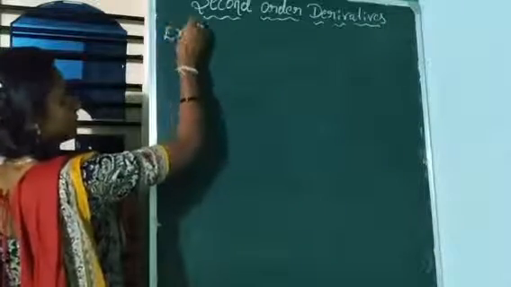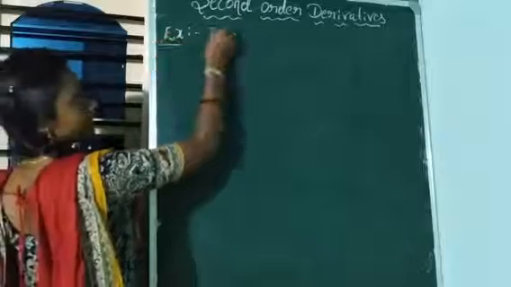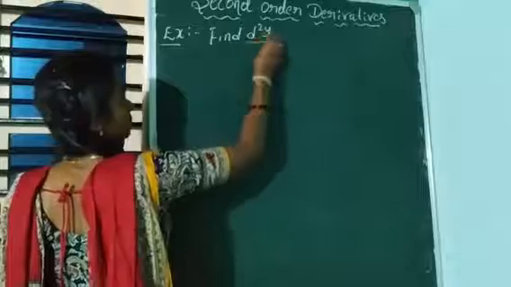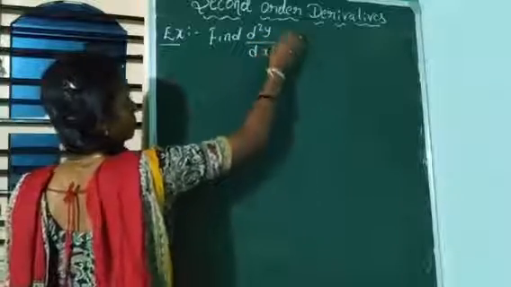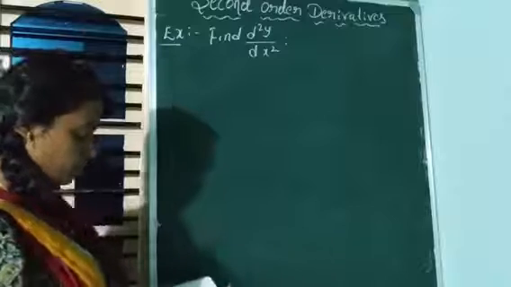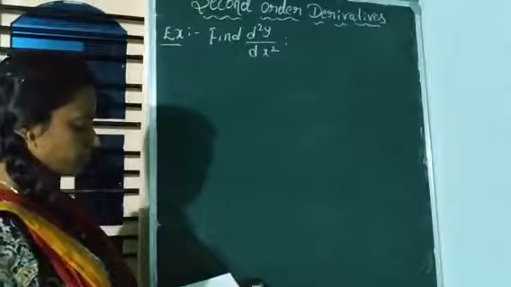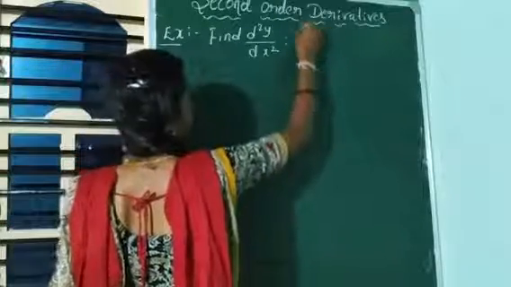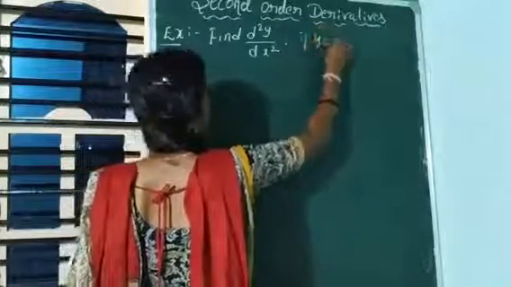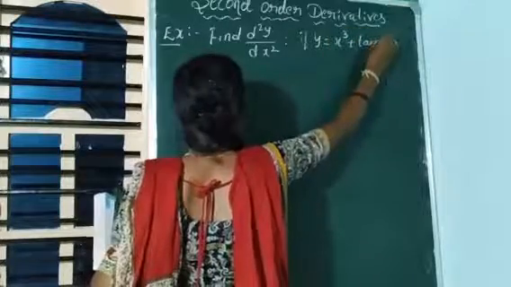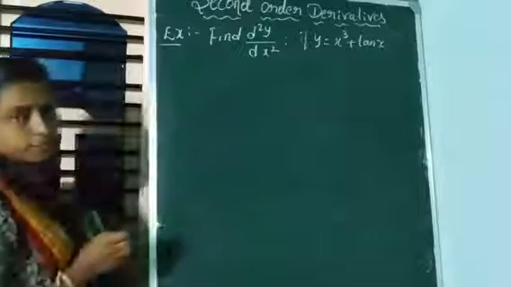Example: find d square y by dx square, if y is equal to x cube plus tan x.